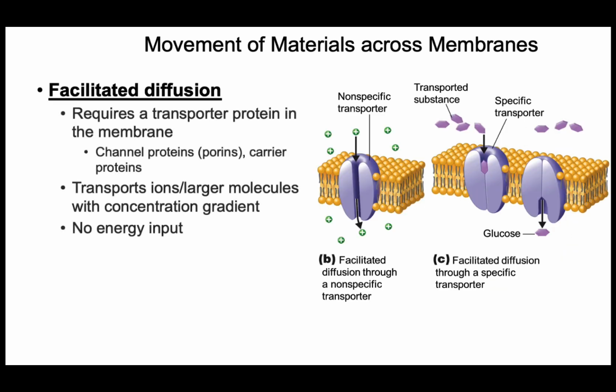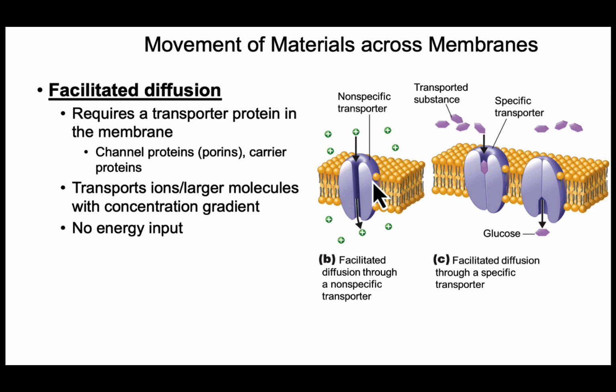With facilitated diffusion, we're also looking at this idea of having a concentration gradient. But this time the molecule might be something like an ion that's charged, or it could be large like glucose. So we need proteins to help.